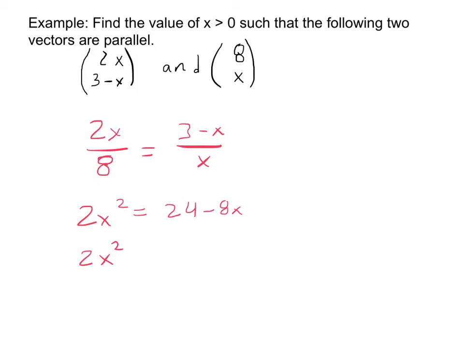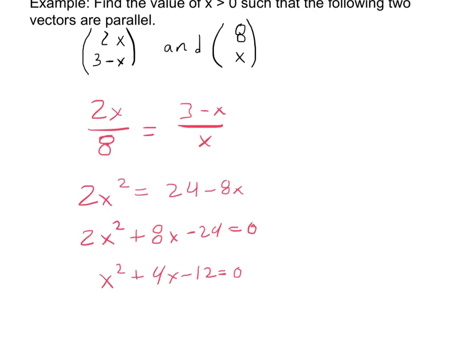Moving stuff together, 2x squared plus 8x minus 24 equals 0. We could divide out by 2 and end up with x squared plus 4x minus 12 equals 0. And when I factor this, I end up with x plus 6 times x minus 2 equals 0. And so that gets me the answers x equals negative 6 and x equals 2.